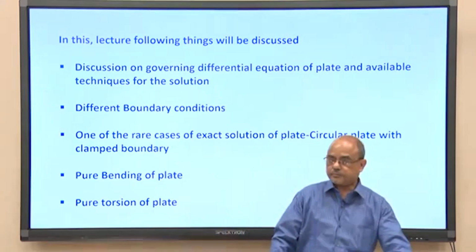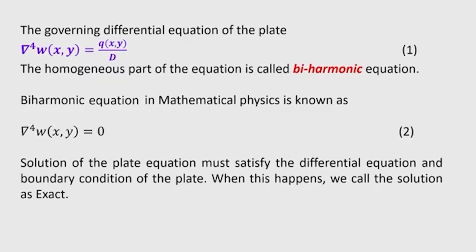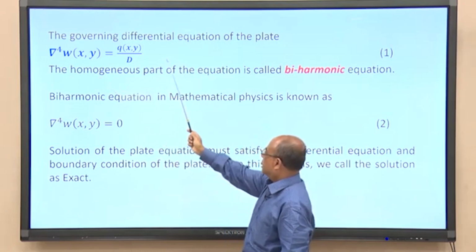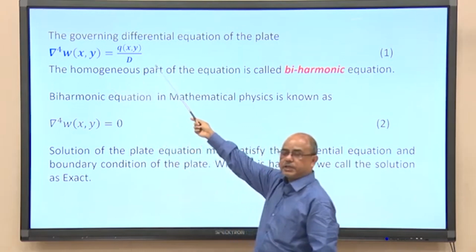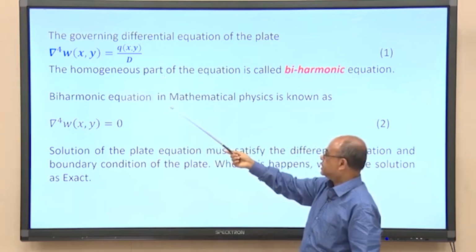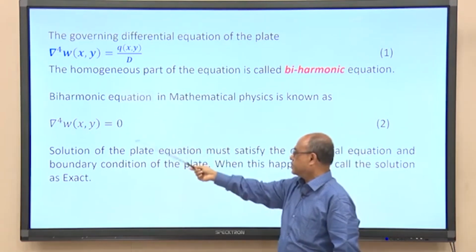Okay. Now, if you see the nature of the differential equation, del 4 is the biharmonic operator, and if the right hand side of this equation is 0, then in mathematical physics it is known as biharmonic equation.